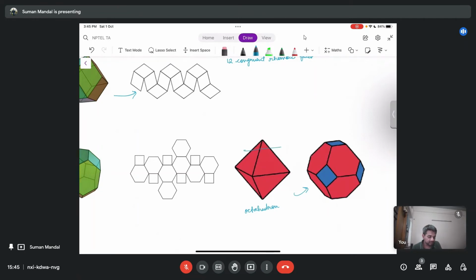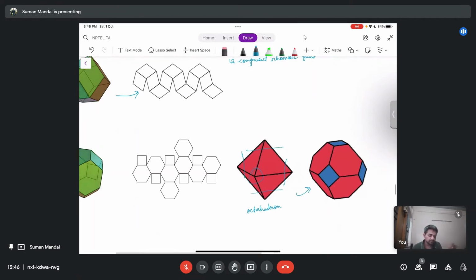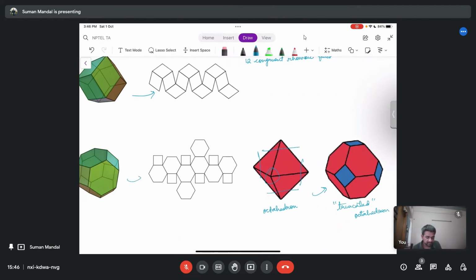If you cut along these planes, and also here and on the back side, you will have 6 squares. That's why this is called a truncated octahedron. Again, if you open up this structure, it looks something like this.